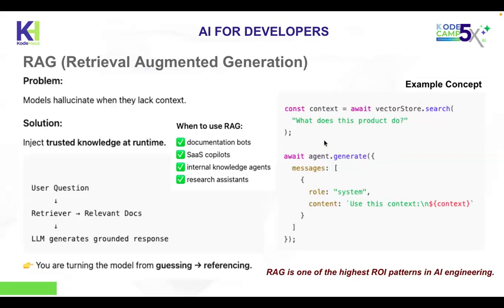You first create a vector store and then you get the context by searching based on the query, right? And then you pass that result into the agent. And you can specify the context as a system message. So this is just one of the ways of doing it.